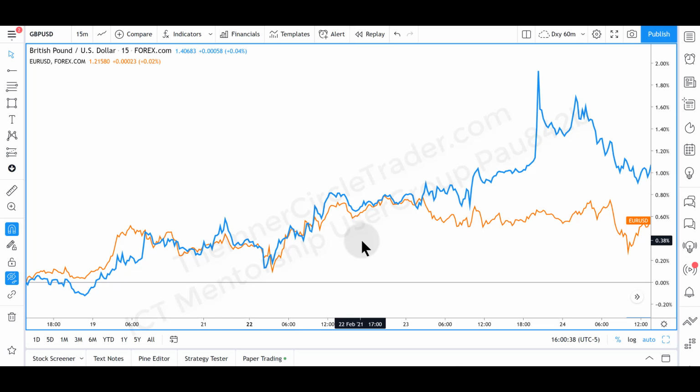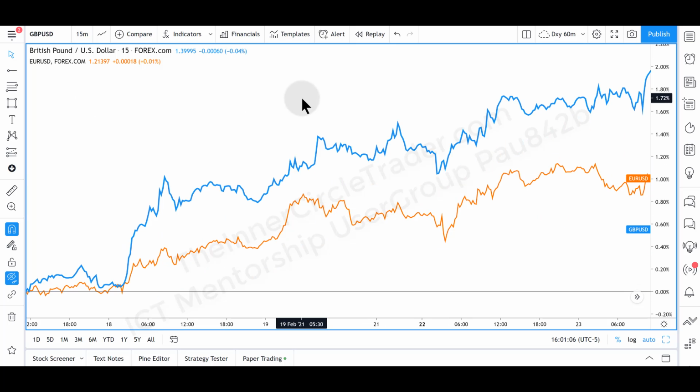That's what correlated pair SMT is, because these two pairs, pound and euro, are closely correlated. That means they usually trade in the same direction, but not always. When they don't trade in the same direction, then you look at the pair that these two together make, which is euro pound. And that's when the dollar is in consolidation. That's when you look at that pair. But otherwise, you look at these pairs in relationship to the dollar index.